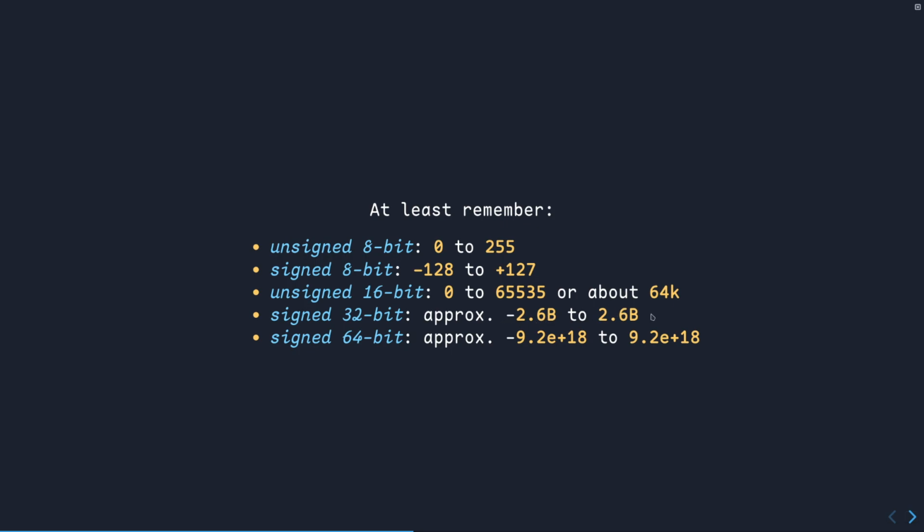If you feel like remembering the whole thing, go ahead, but that's not really necessary, because overflows never happen exactly at the point where they overflow. They always go a bit beyond it or a bit back. So if you encounter a number close to 2.6 or 2.5 billion, you know something has overflown when it shouldn't. And for 64-bit, it's going to be minus 9.2 quintillion, and in both directions.